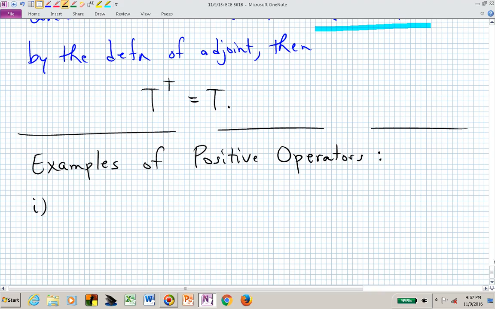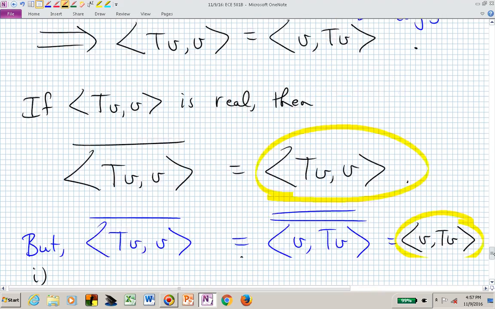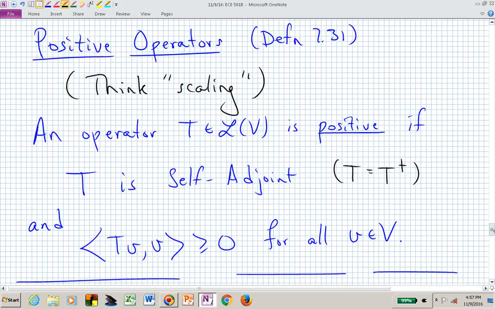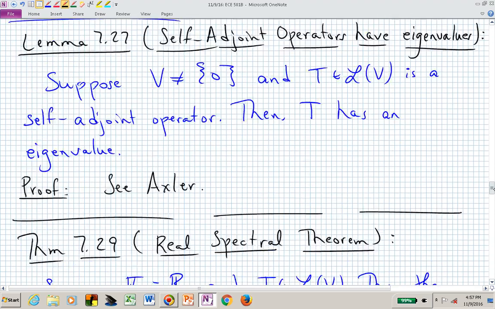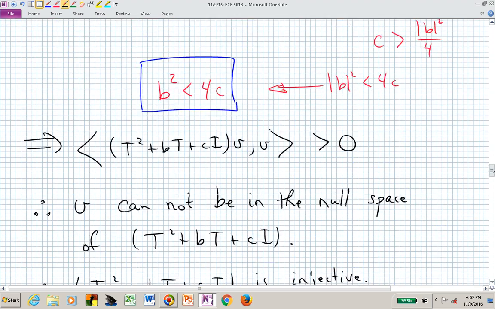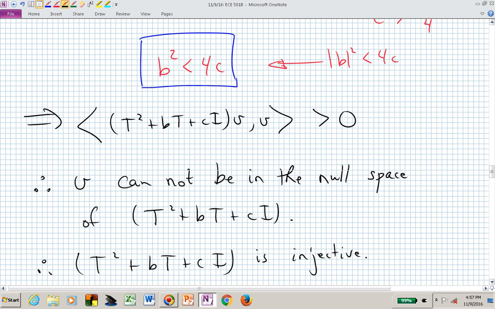One, do you remember what we had before at the end of one of those proofs? Look at that inner product. What's that operator in parentheses? It must be positive, right? By the definition of a positive operator.